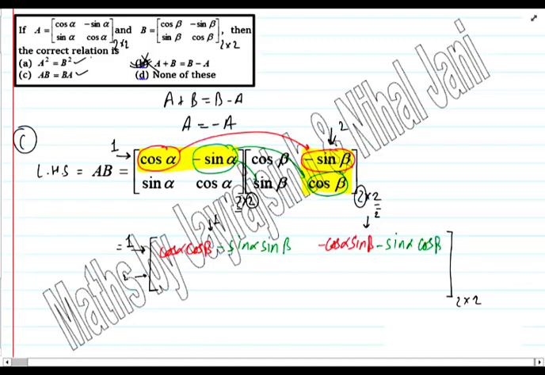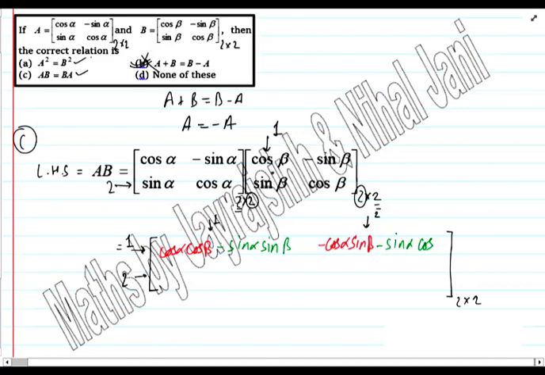So we should move to the third element, which is in the second row and first column. So let's select second row and first column and multiply the corresponding terms. So yes, sin alpha into cos beta will give us sin alpha cos beta, and then multiply cos alpha with sin beta will give us plus cos alpha sin beta, right?